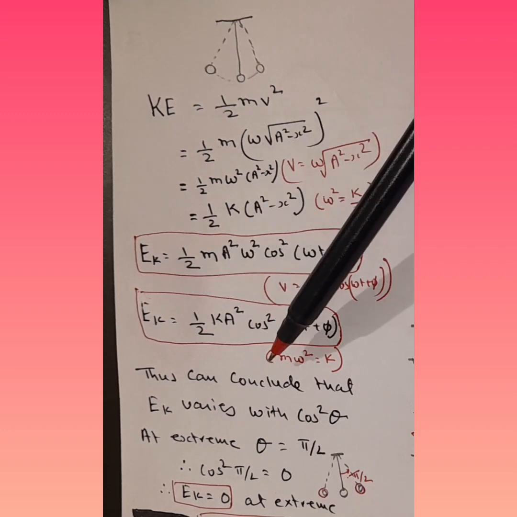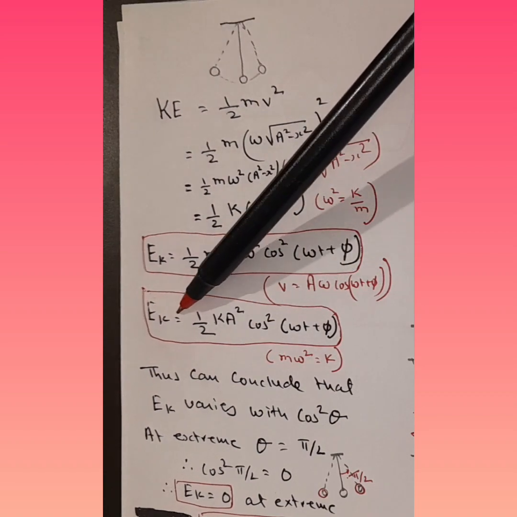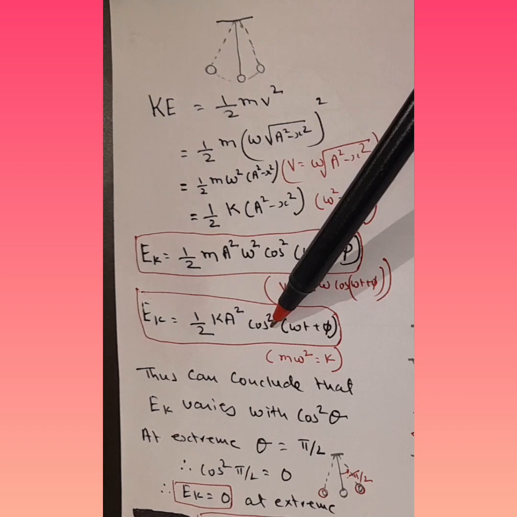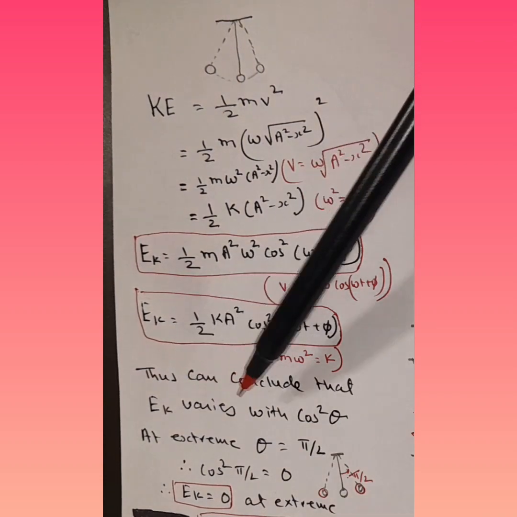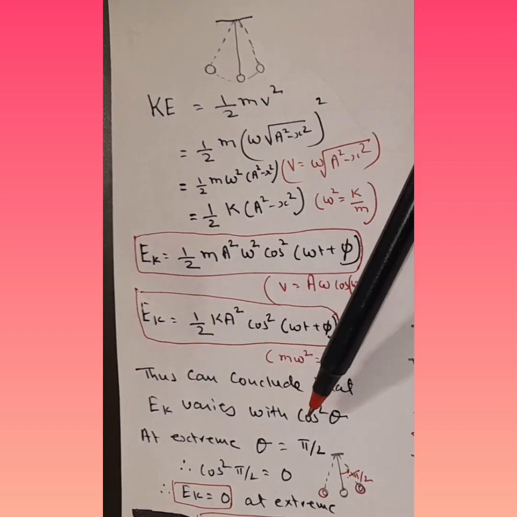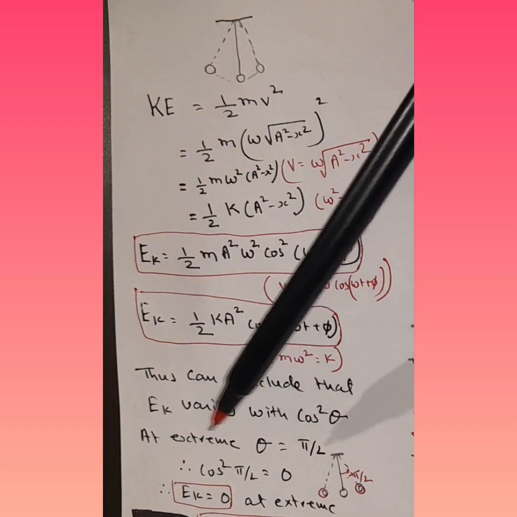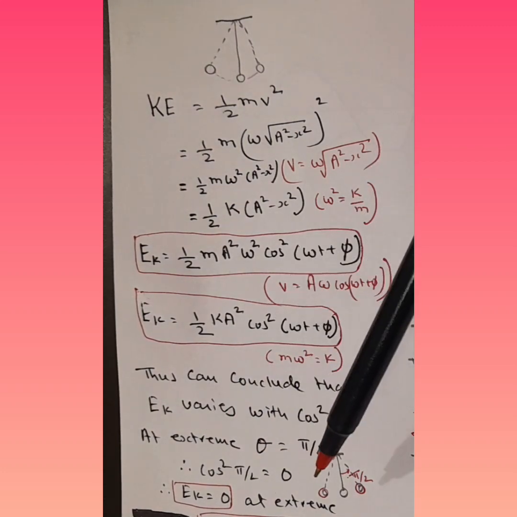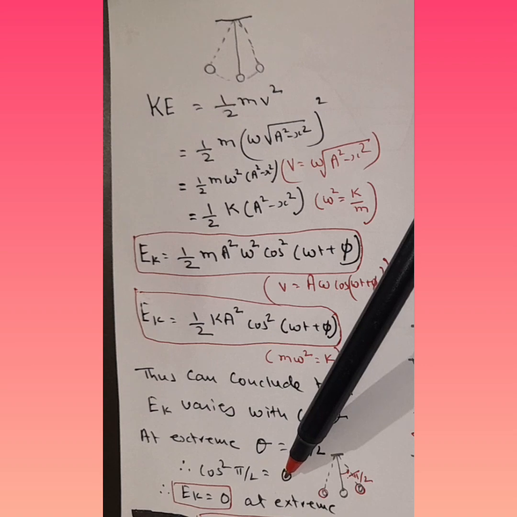Alright, so what we can say is, when would this have maximum value? Thus we can conclude that Ek varies with cos square theta. Now at extreme, theta is equal to pi by 2, and if theta is equal to pi by 2, the value that it would have is 0.